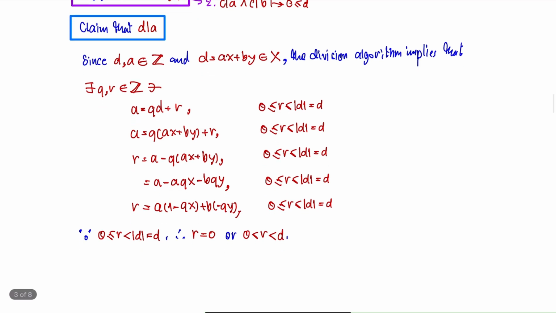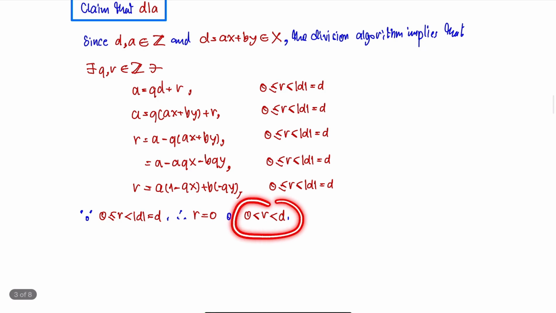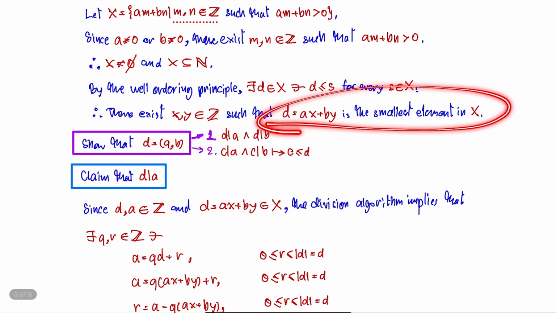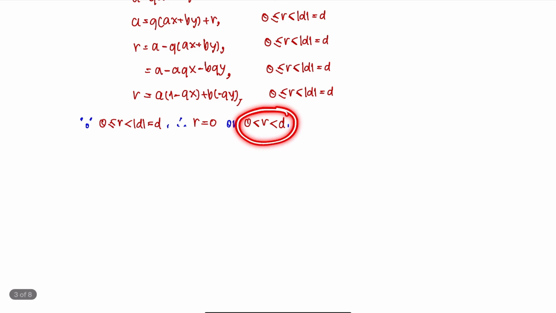Alright? And the next thing that I want to do is to show that r is 0. But can we have this inequality? And d is the smallest element in set x.